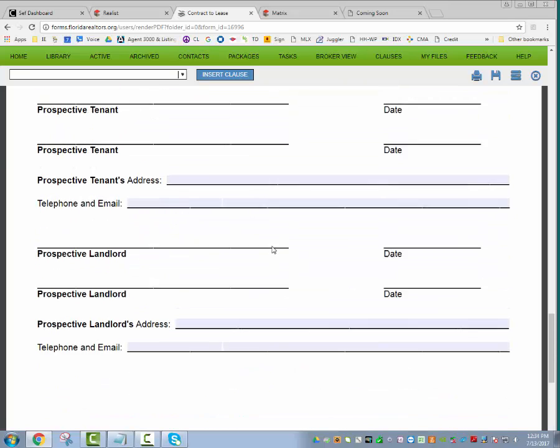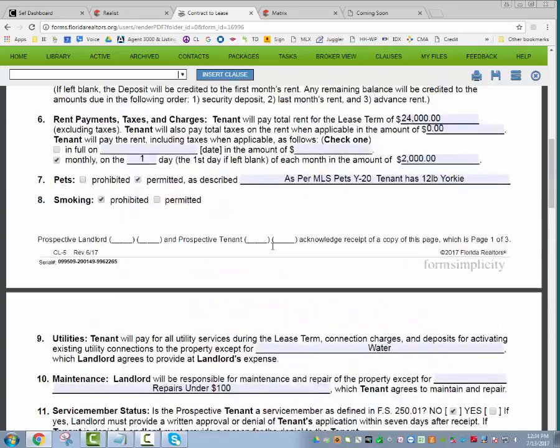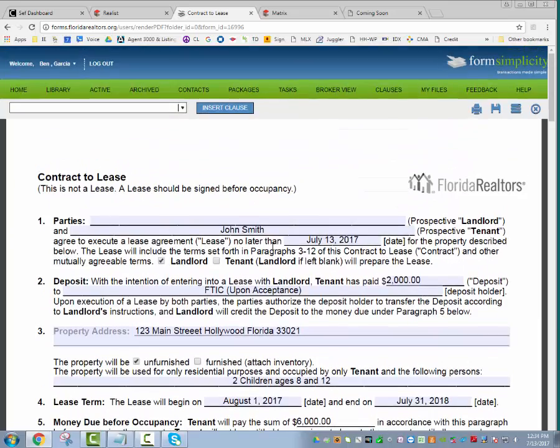So that is a quick overview of how to do the new CL-5 contract to lease. We wish you the very best of luck in your rentals and just keep doing the hard work that it takes. There's a lot of opportunity in rentals. We can't express it enough that rentals keep the money flowing.